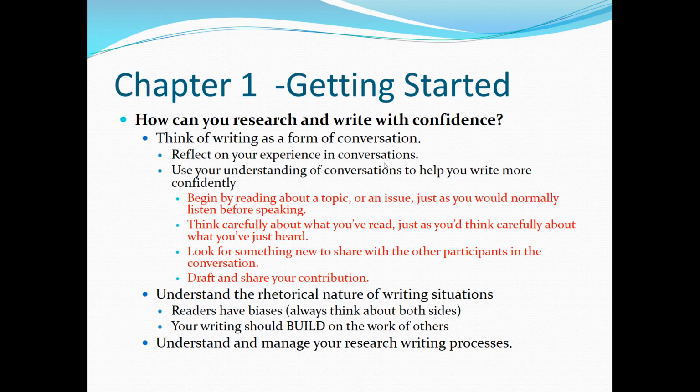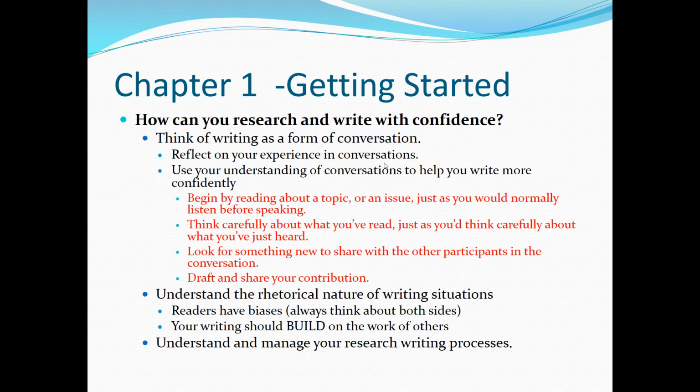So back to understanding the rhetorical nature of writing situations. When you do begin writing, you want to remember that readers have biases, right? They have purposes behind their writing, they have roles that they play, and they have biases.